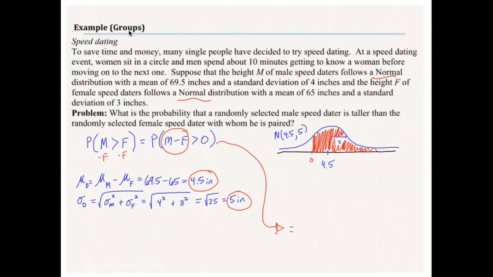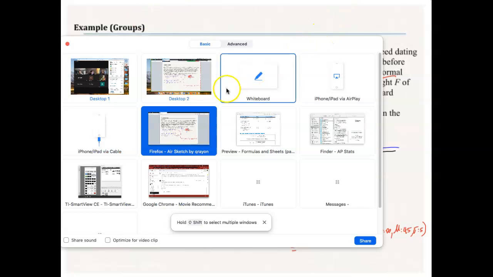That's going to be normal CDF, where the lower bound is 0, the upper bound is infinity, the mean is 4.5, and the standard deviation is 5. Then we'll pop that in our calculator.